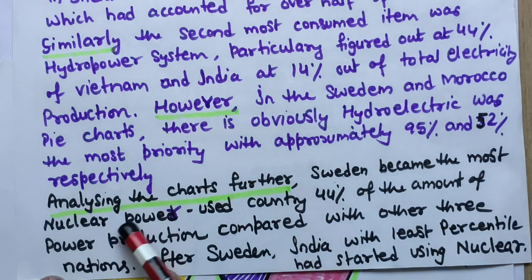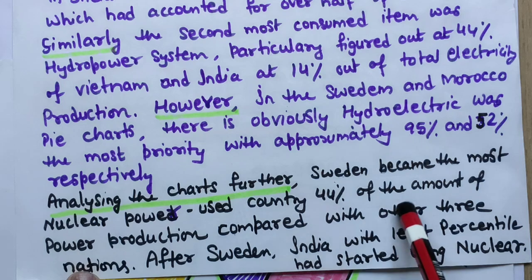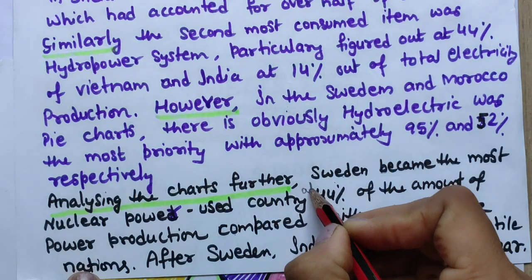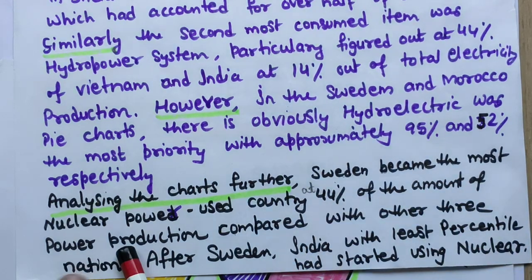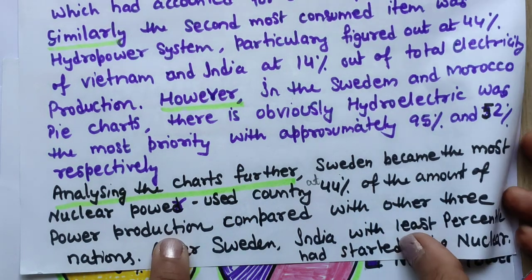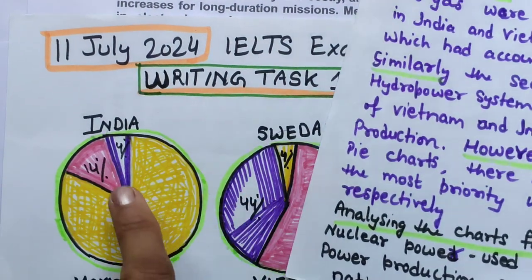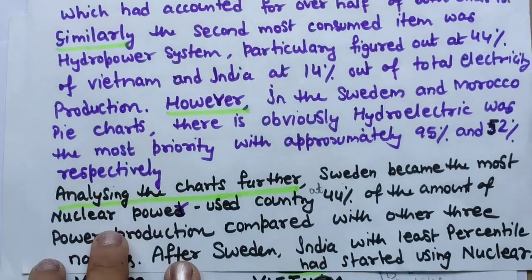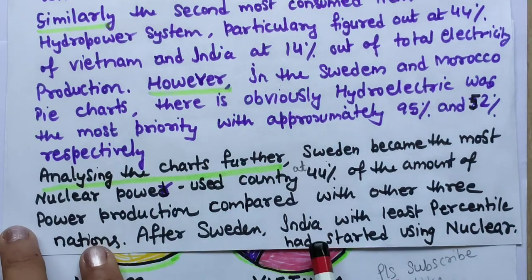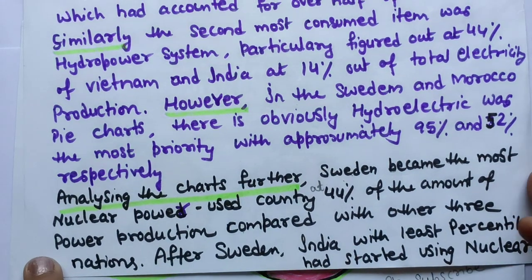Sweden became the most nuclear power using country, at 44% of the power production compared with the other 3 nations. Means Sweden is using this nuclear power the most compared to the other countries. After Sweden, India, with the least percentage, had started using nuclear power for energy production, you can write.